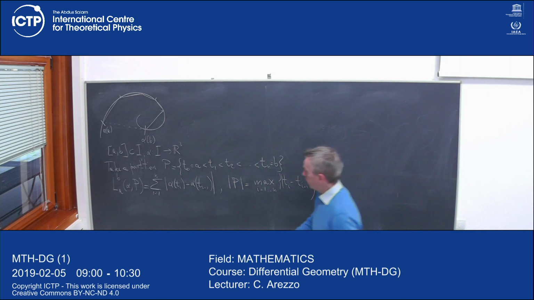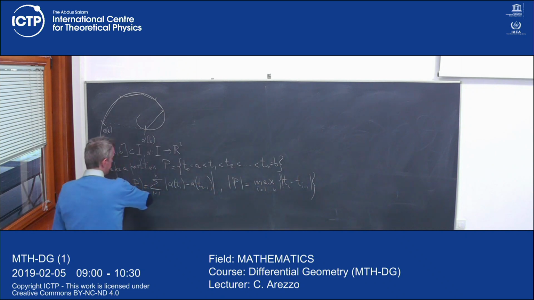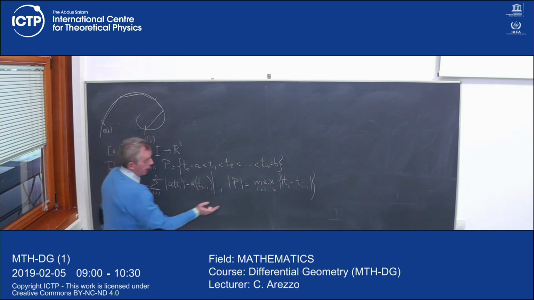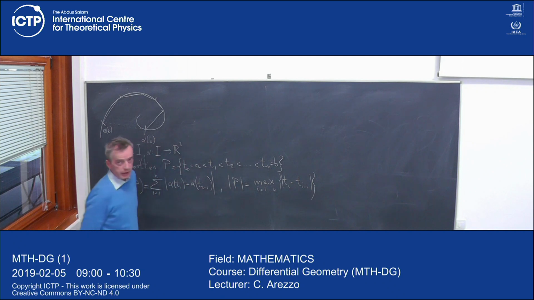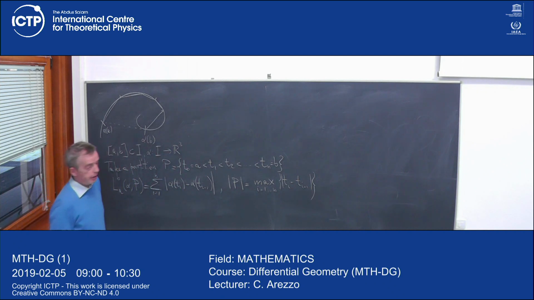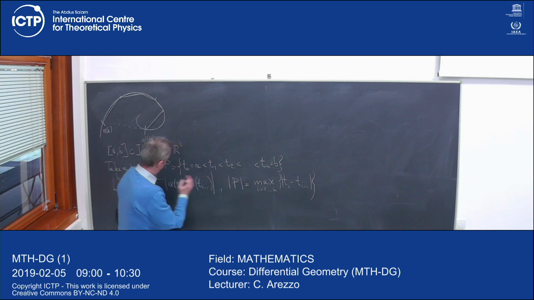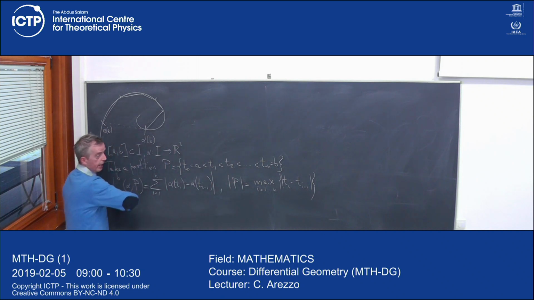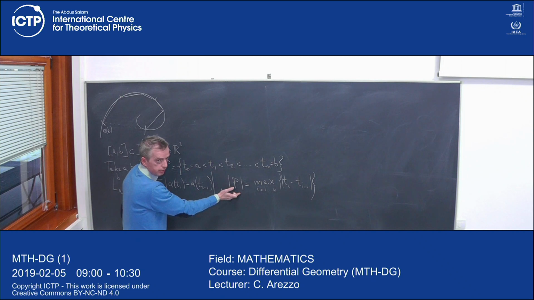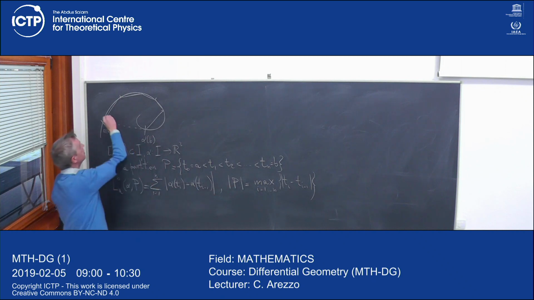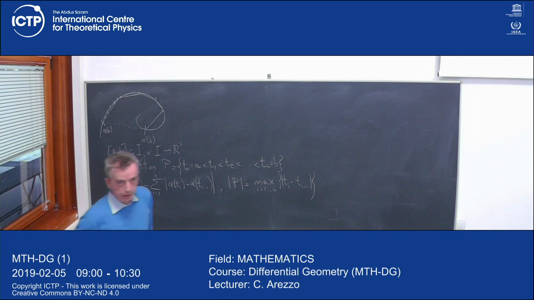So now you have a definition of the length subject to a partition, a definition of a norm of a partition. So now, of course, the only question is, can I take the limit of this object here as this goes to 0? Because I'm getting more and more interested as many points I put on the thing.